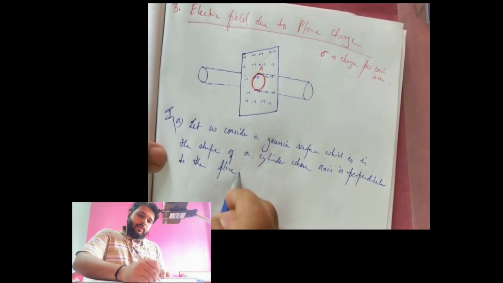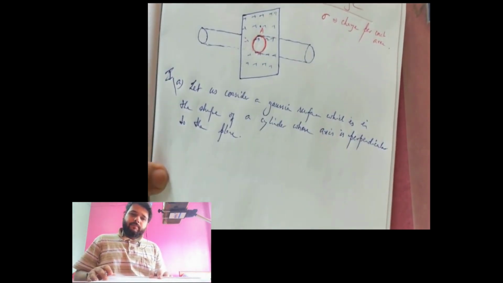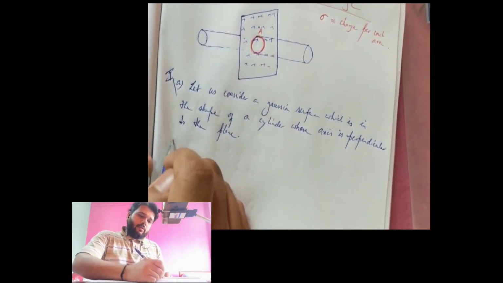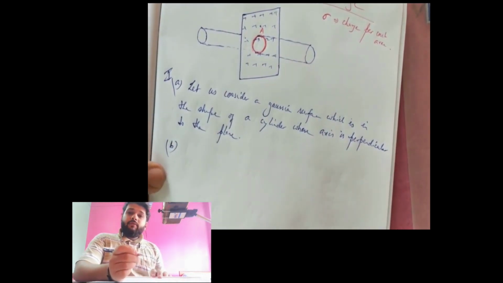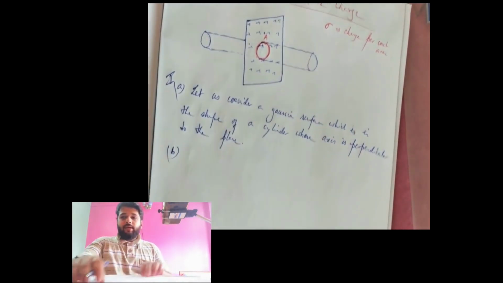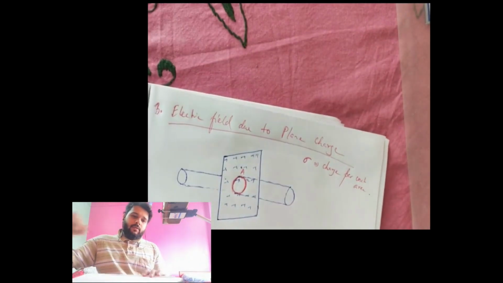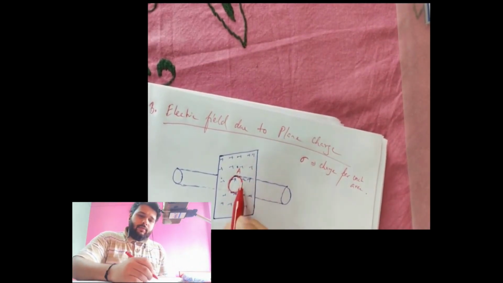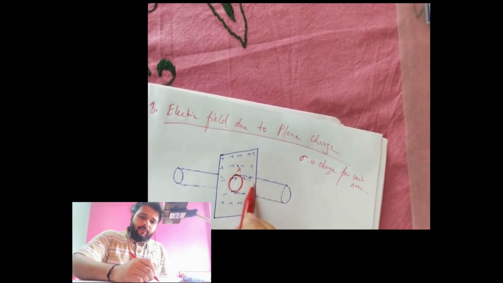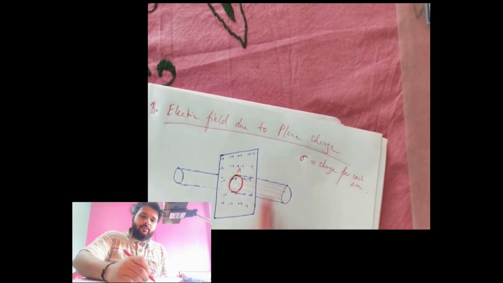Next, we have to specify E, the electric field at each point. So see over here, the electric field is moving in this direction.